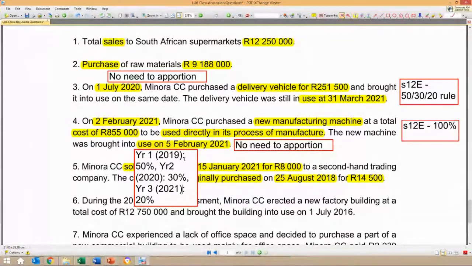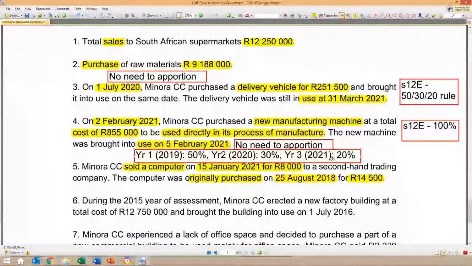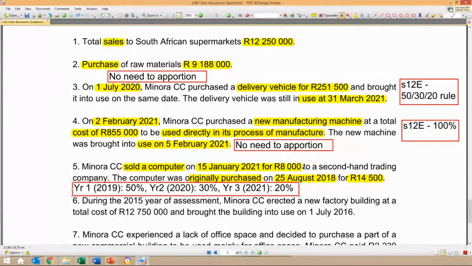Now, because of the fact that we sold it in the 2021 year, that means we would have applied the 20% for the capital allowance, and we sold it for 8,000, which means we also have a recoupment amount in that year. So we have actually recovered of what we've deducted.